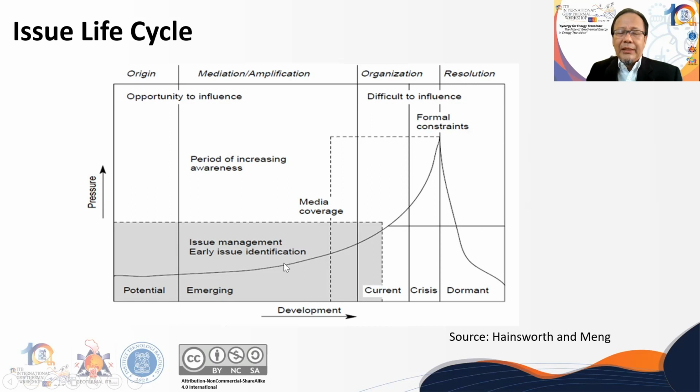If it is not managed well or is ignored, it will increase and become coverable by media and other external stakeholders, where we call it a case. And if this case or issue is not well managed, it will become a crisis.